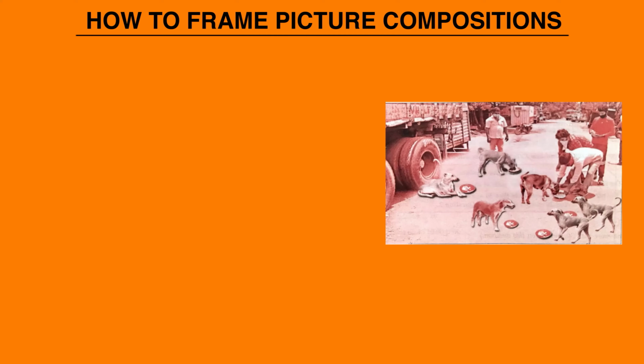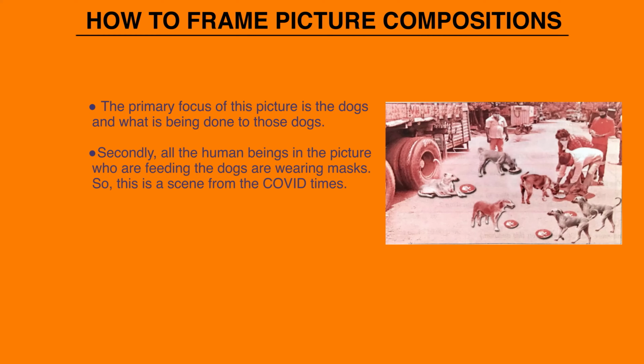But what forms the primary focus of this picture is the dogs. And what is being done to those dogs? Once again, there's an important detail that you might miss. And that is, all the human beings in the picture who are feeding the dogs, they are wearing masks.